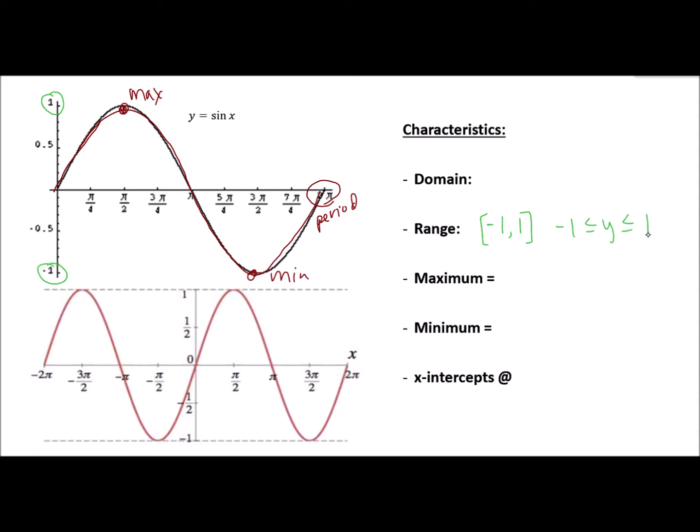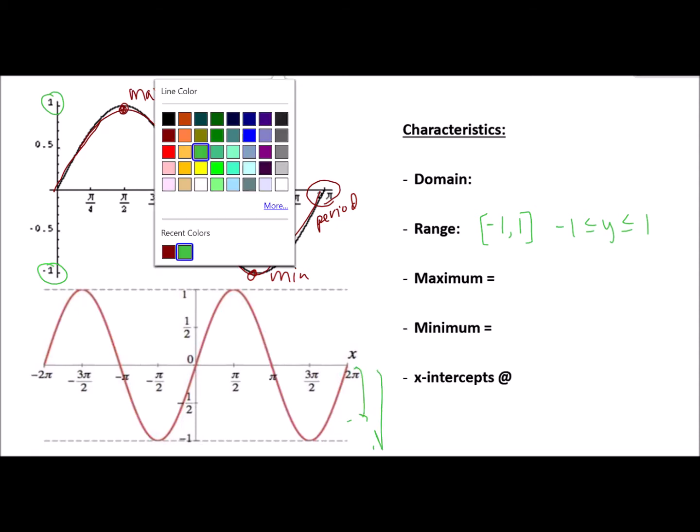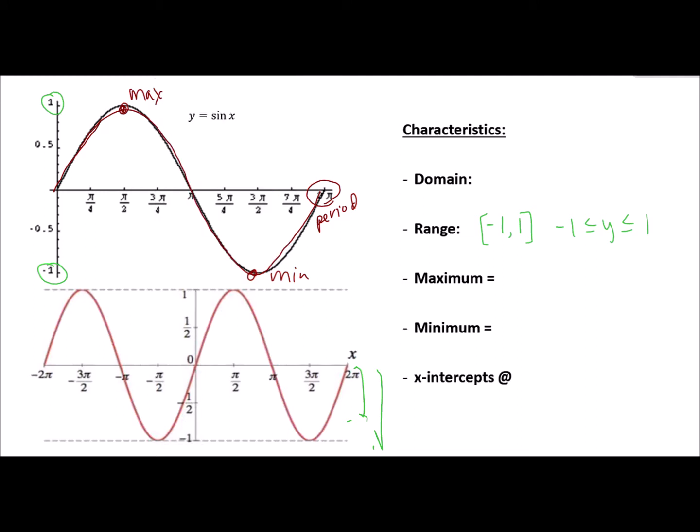The one thing I didn't ask you about though was domain. Now, domain is all of the x's. Looking at the graph right here, this first one that I drew, it looks like it only goes out to 2 pi and only from 0. But if you remember, we talked about how these graphs, sine and cosine, are periodic or cyclic, meaning they continue going on forever and ever.